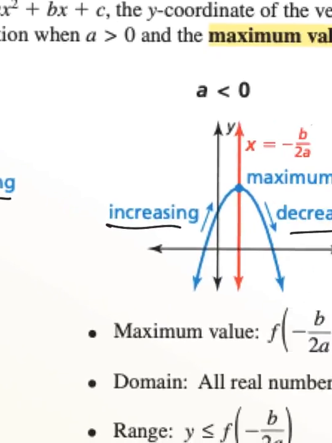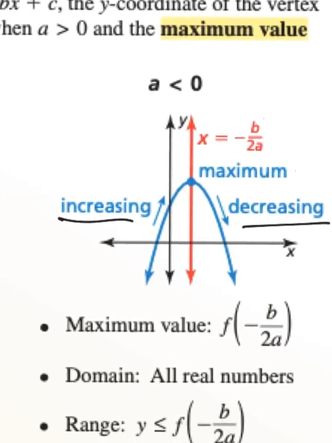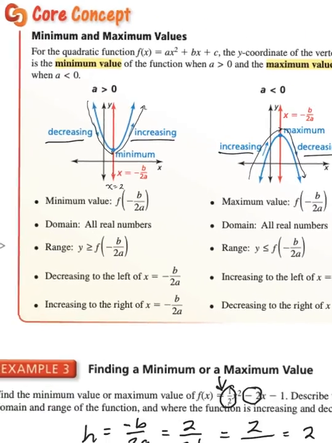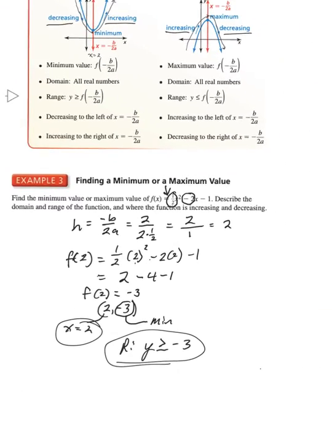Let's go to the next graph here. We're going to increase all the way to our maximum point, and then we decrease all the way after that. These are terms that will be very helpful for us in the future, so we're trying to learn them now. So let's think about the function that we just did the work on.